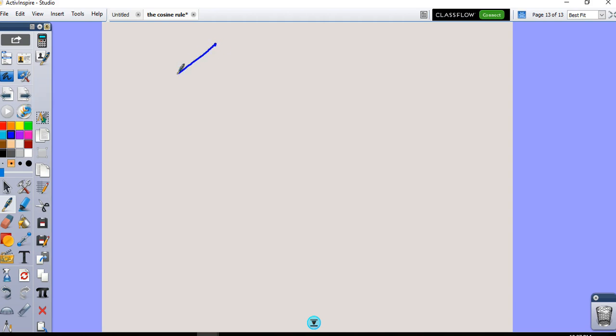Another example, let's say that we have PQR as a triangle and that this side is 9 centimeters, this is 8 centimeters, and that this angle is 32 degrees. What is the length of this side?